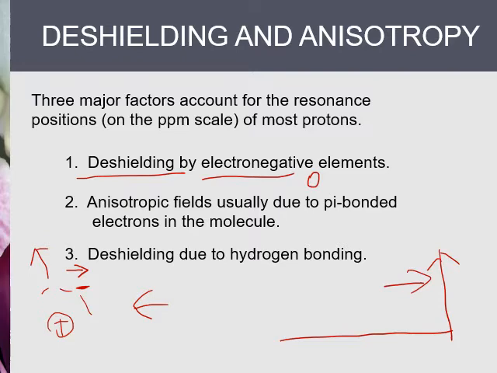So on the NMR spectrum it is towards the left side, or low field side. Okay, so this is called the deshielding effect. Number 2 is anisotropic fields, usually due to the pi-bonded electrons in the molecule, which will be discussed next.